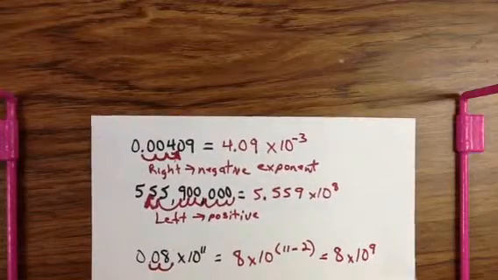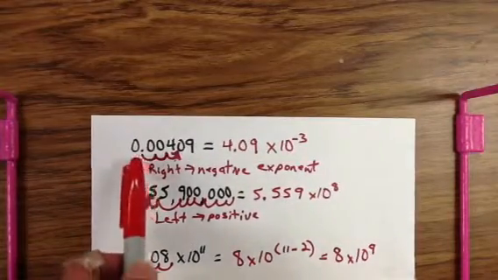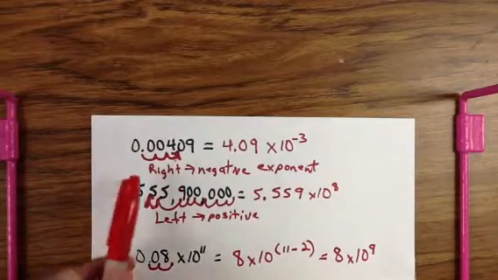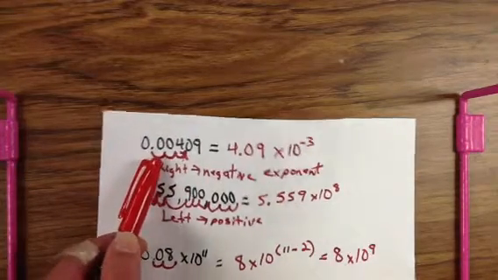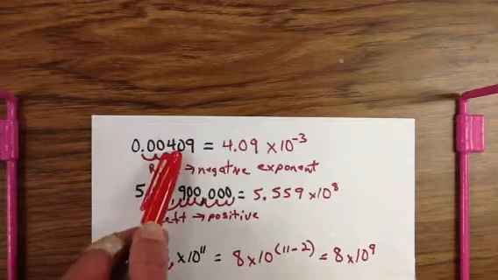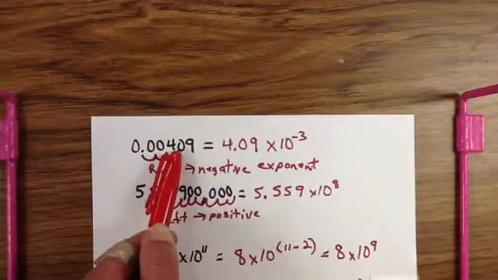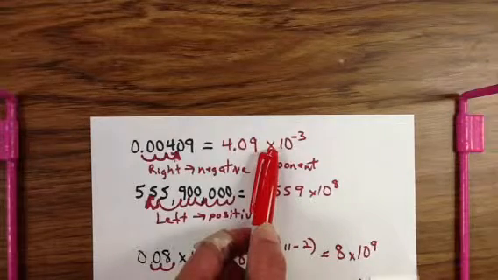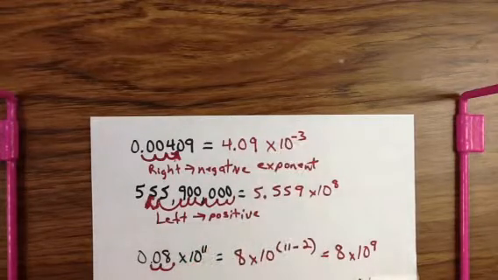Okay, I want you to notice if we change this decimal to being in scientific notation, we would move the decimal 1, 2, 3 places to the right. Well, that is times 10 to the negative 3.